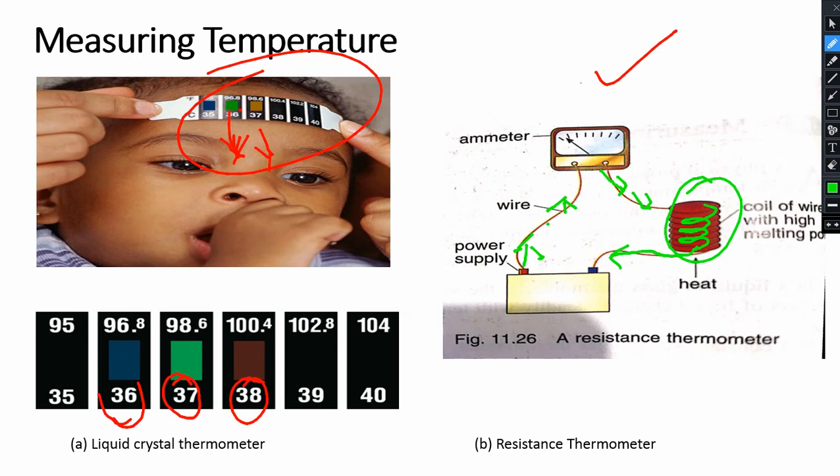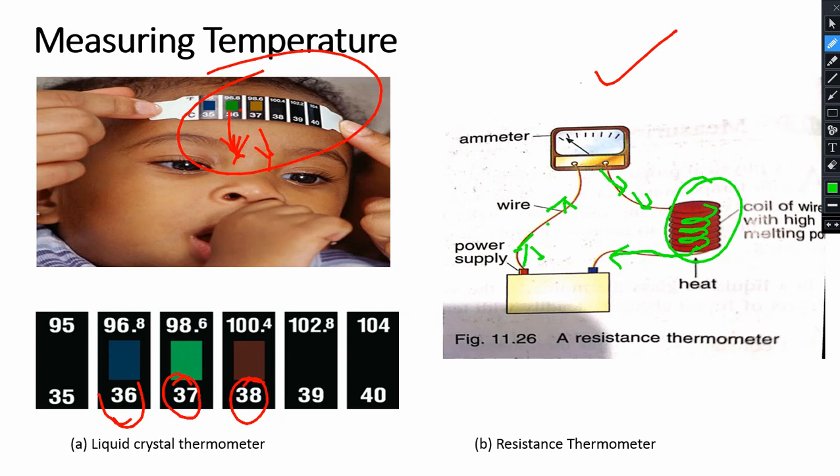So what this coil is doing: if you put this coil in hot water, okay, the temperature affects the current, okay. It affects the flow of current, the current which is going in this wire. That effect, or that difficulty to the path of current, is called resistance, okay.